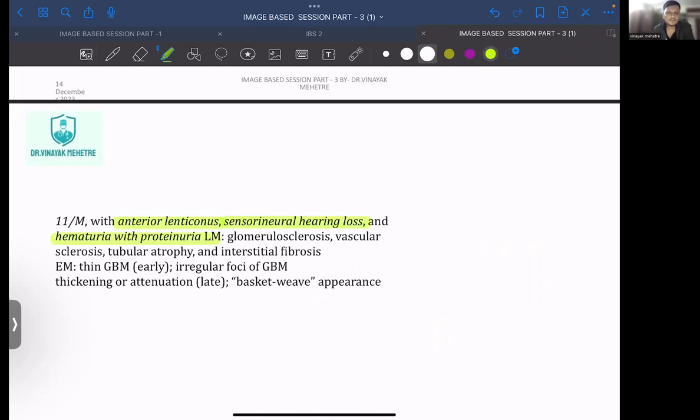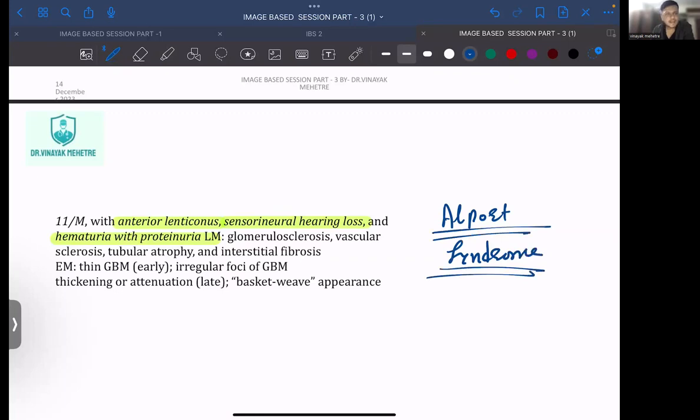Even if you are not able to recall the remaining, if you know this, the answer is pretty much clear. High in outer port, what will we say? High in outer port is called Alport. Hearing loss gone, sensory neural hearing loss. The answer is going to be Alport syndrome.